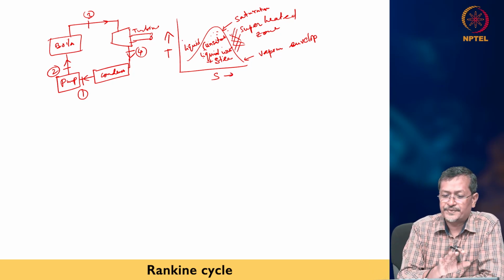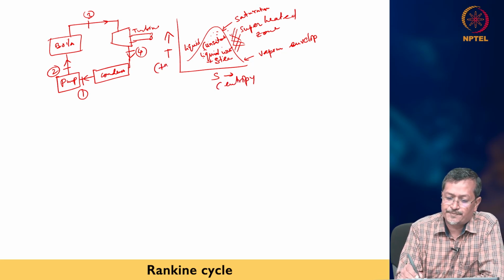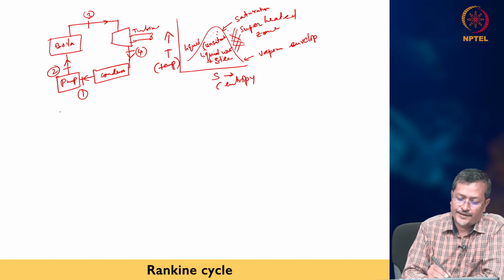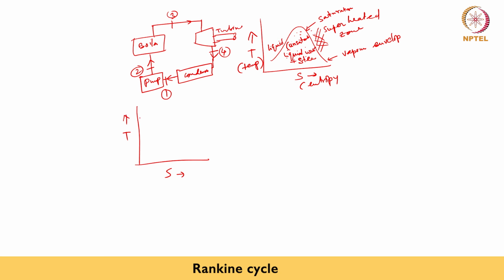Now, I want to represent this whole steam cycle on the TS diagram. S means entropy, T means temperature. I will draw the TS diagram again, and the vapor envelope again, and my loop starts from point 1. Point 1 will be on the left side, liquid I said. So, liquid vertically going up, then it is going to 2. You take a certain amount of liquid, you are increasing energy, so temperature will be rising.